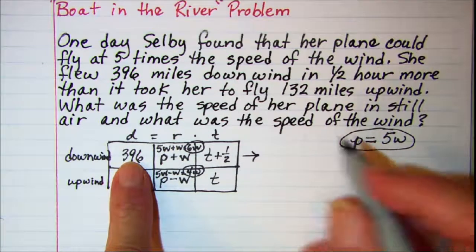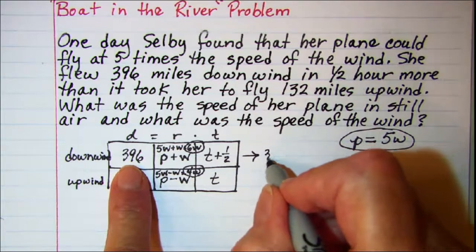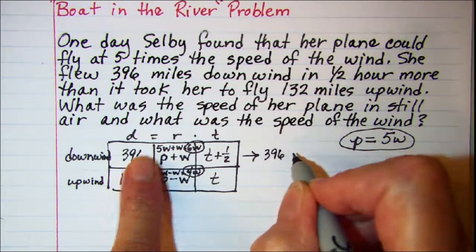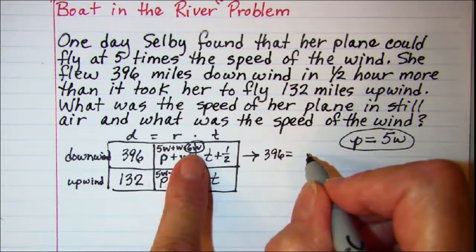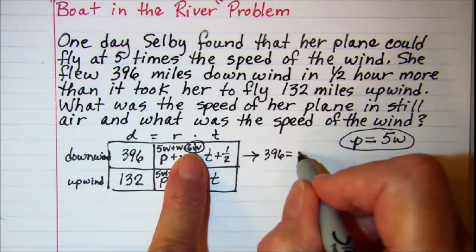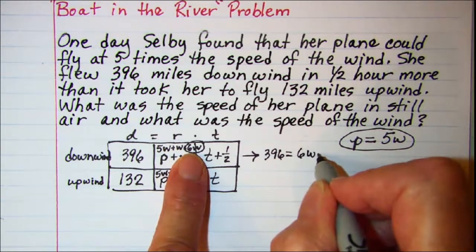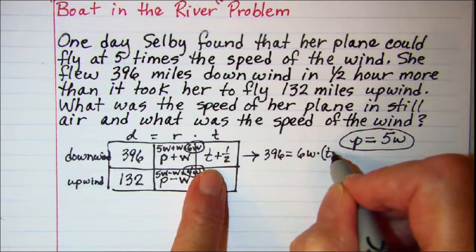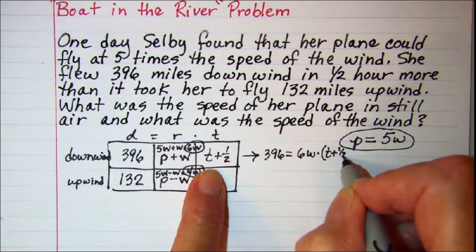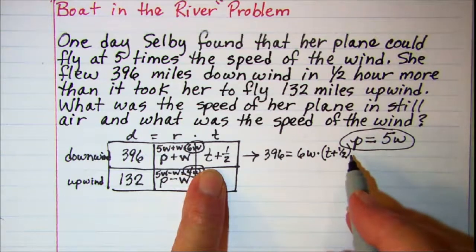My first row, I have 396 equals, and then this cell, remember I use 6W here, times my time, which is a binomial, so I'll need it in parentheses, t plus 1/2.